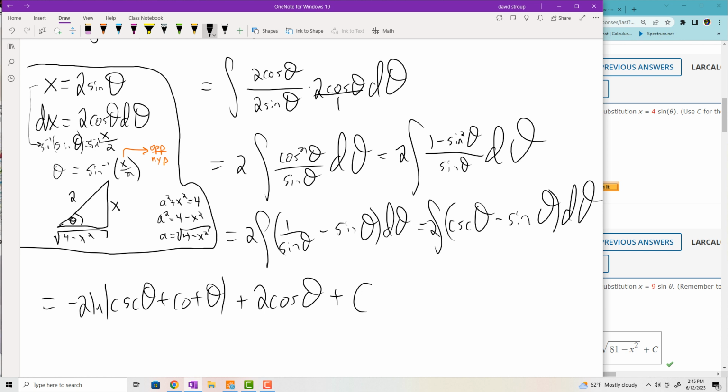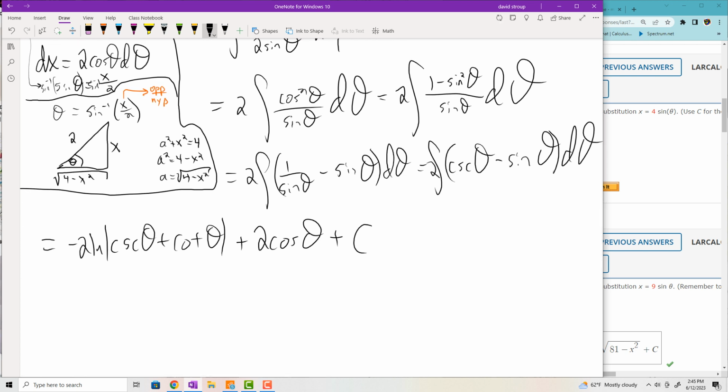Now for the last part, I need to use that triangle stuff, this final part of the box that I did all my work in. So all you need to do is remember hypotenuse over adjacent, all of those identities. For instance, cosecant of theta is equal to 1 over sine, so that's hypotenuse over opposite.